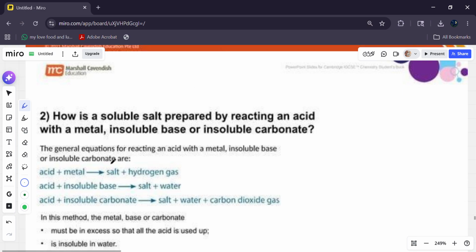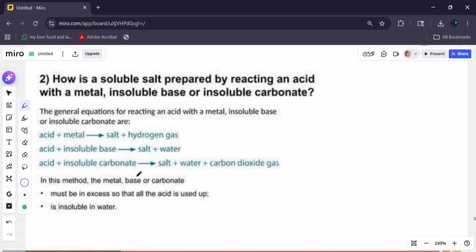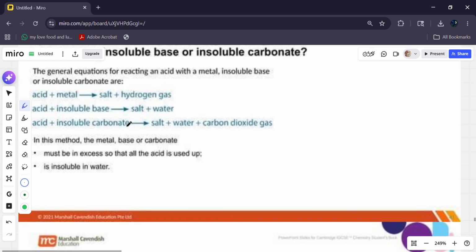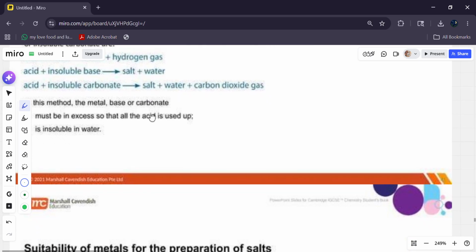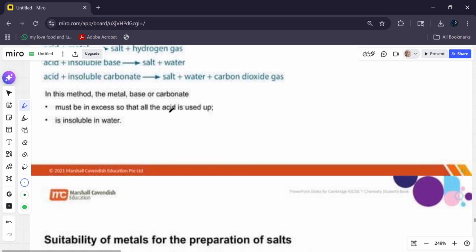Acid plus insoluble base gives salt plus water, and acid plus insoluble carbonate gives salt, water, and carbon dioxide. Now, in this method, the metal, base or carbonate must be in excess so that all of the acid is used up, and it's insoluble in water.